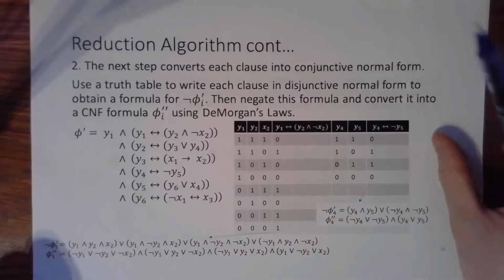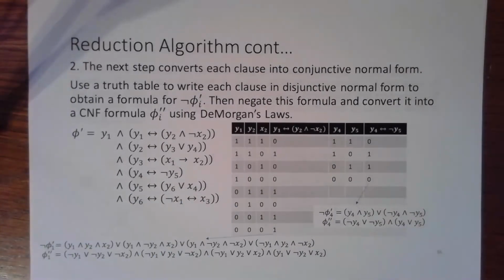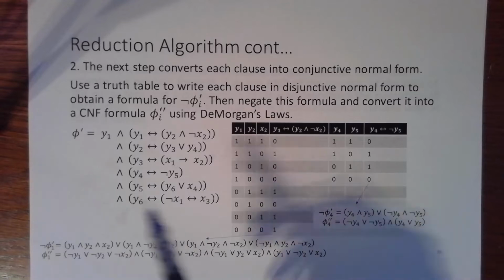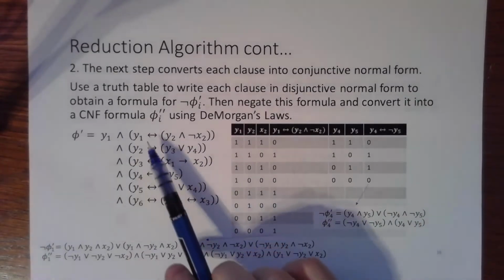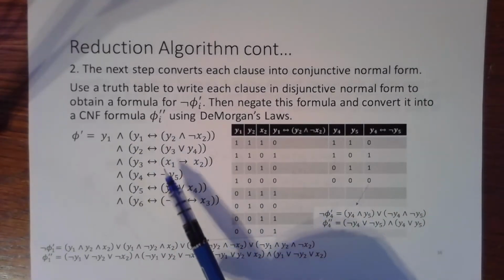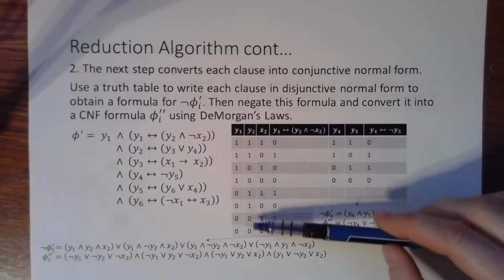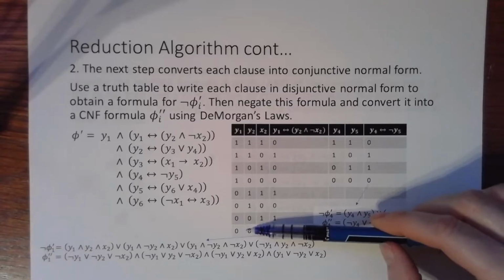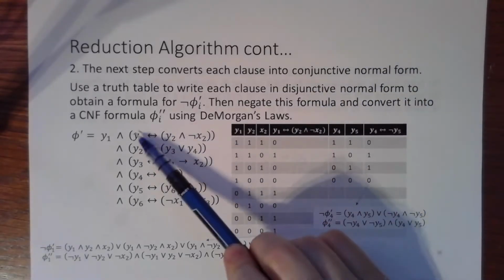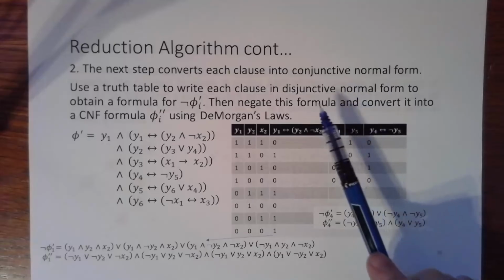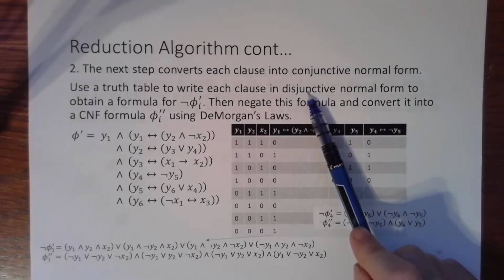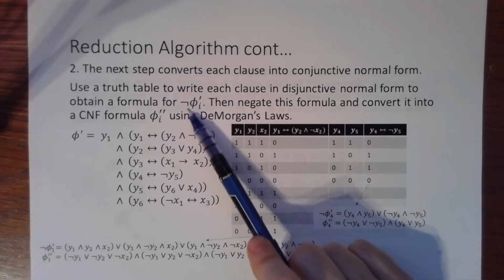So the next step, step 2, is going to convert the expression into conjunctive normal form. To do that, we're going to look at each individual expression that gets ANDed together, make a truth table for that expression, and then write disjunctive normal form for the negation of the value of that expression.